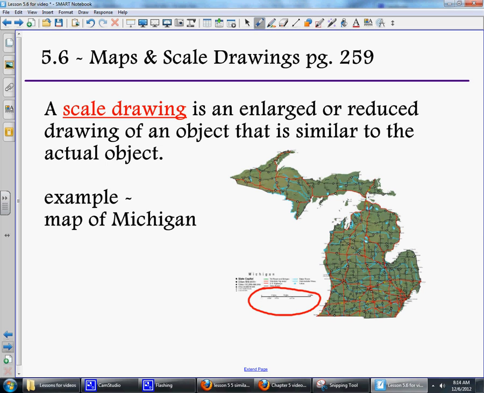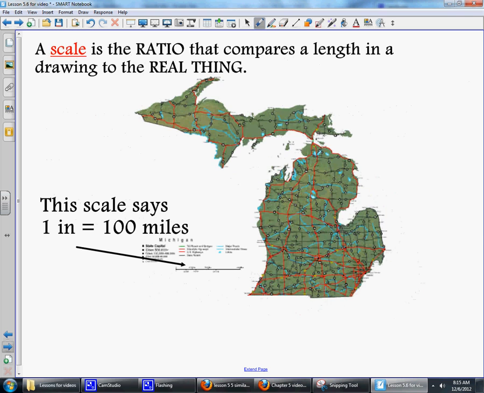But what it will usually say is that 1 inch is equal to maybe 20 miles. But that's what a map would look like, and they'll always have a scale along with that reduced size map.